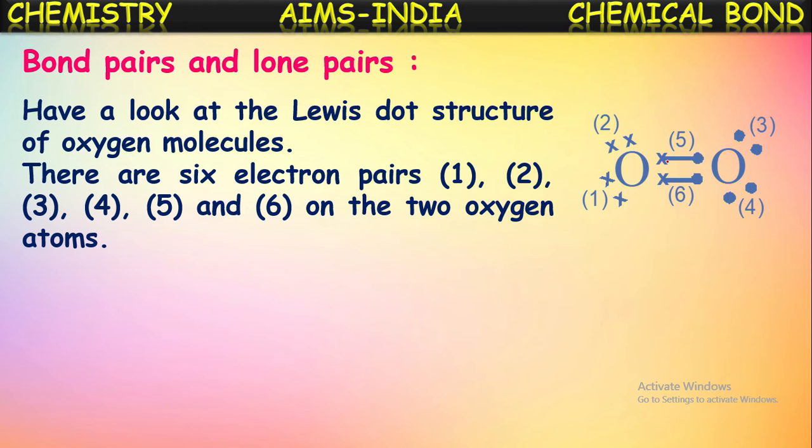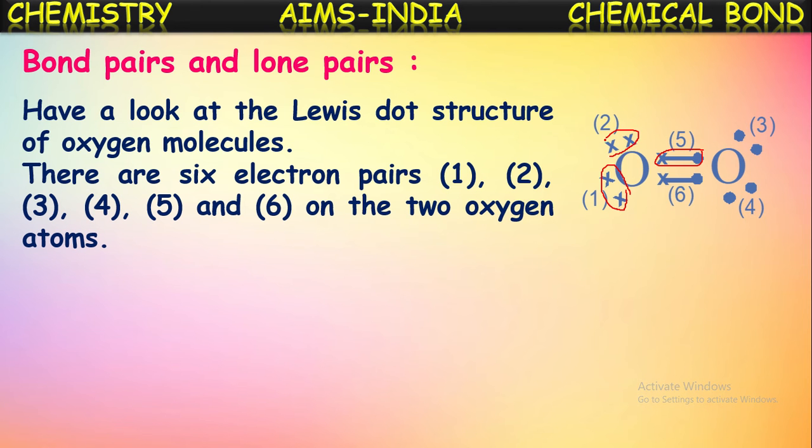Now, the pairs of electrons which are participating in the bond formation are called bond pairs of electrons. On each oxygen atom, there are still four more electrons not participating in the bond formation. You can observe, this is one pair, two electrons together is called a pair.